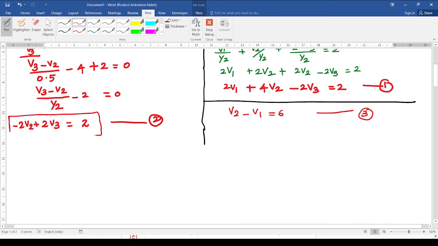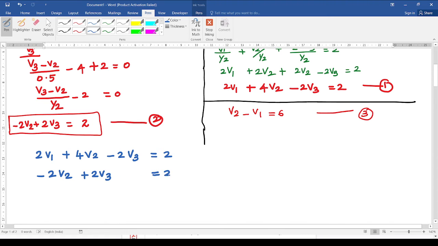I am going to rewrite all the equations once again. Equation number 1 is 2V1 plus 4V2 minus 2V3 equal to 2. Second equation, minus 2V2 plus 2V3 equal to 2. Third equation, minus V1 plus V2 equal to 6.